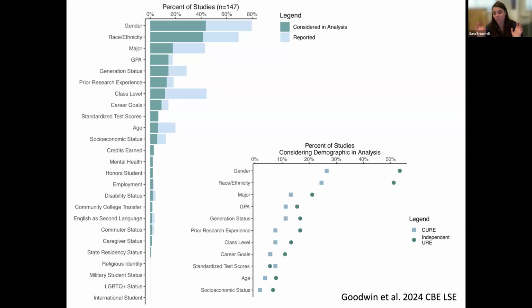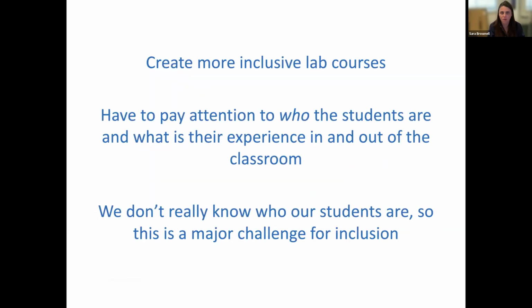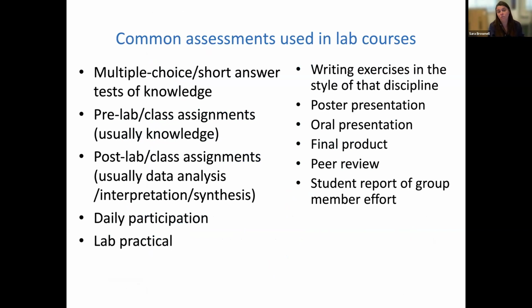Now, we looked at CUREs versus independent undergraduate research experiences in faculty members' labs, and we suspected that CUREs were going to have more of these data collected because there's more students and you can just do a survey, et cetera. But actually, CUREs were less likely to report some of these demographics, which we were really surprised by going in. So if we don't really know who our students are, this is going to be a major challenge for inclusion, right?